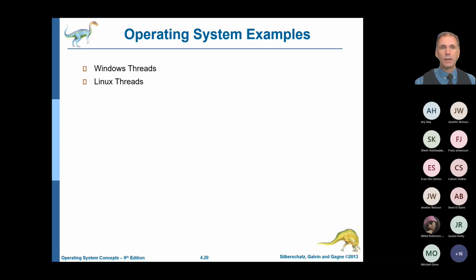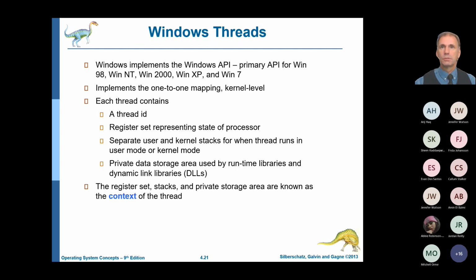So let's look at a couple of examples. For Windows, all the way back to Windows 98, there was a Windows API for threads, and that was a one-to-one process. So one user thread, one kernel thread. And as with processes, it keeps some information on them.